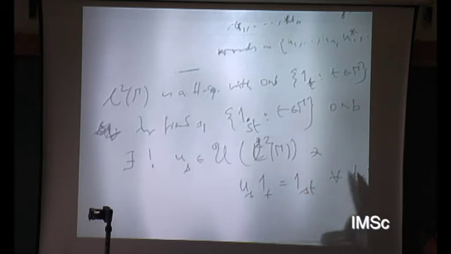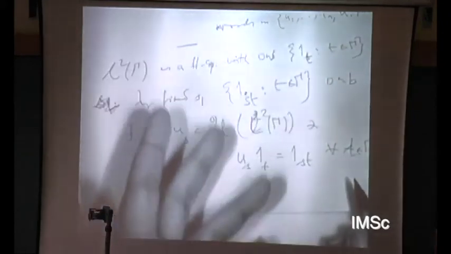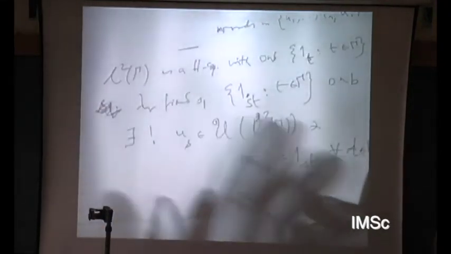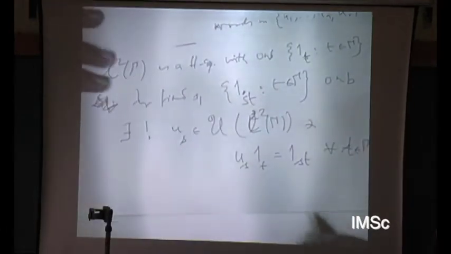Because this is an inner product preserving mapping, it extends to a unitary, an application of the Riesz lemma. So this is an orthonormal basis, and that is also an orthonormal basis. Okay.